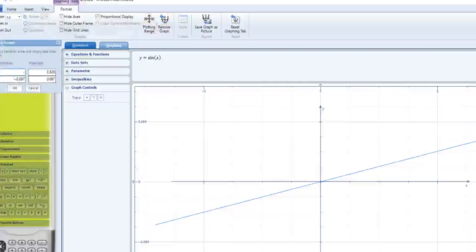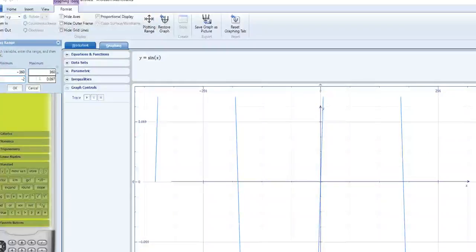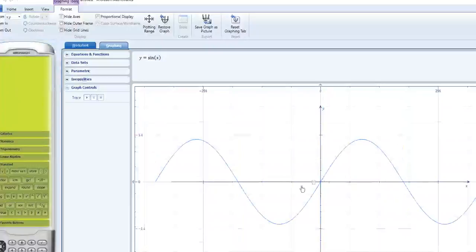So minus 360 to 360, I think, and also our y scale. Let's plot from minus 2 all the way to 2. And there you go. So there's your graph of y equals sine x.